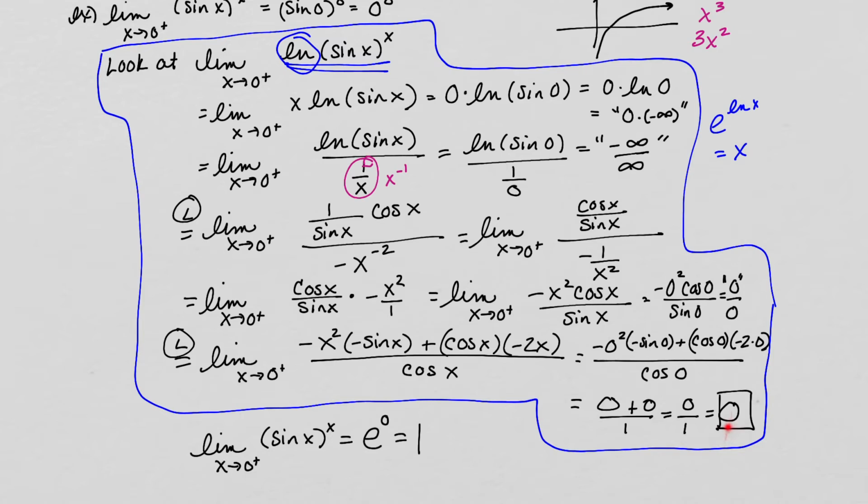The 0 is the limit of the natural log of sine x to the x. So this 0 down here is the answer to this limit problem, not the original problem we were given. And then we raise e to it to get the answer to the original problem.